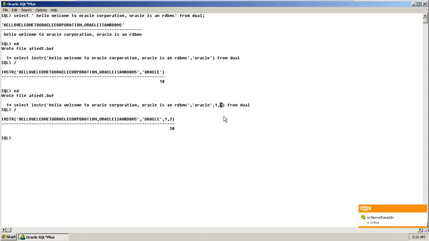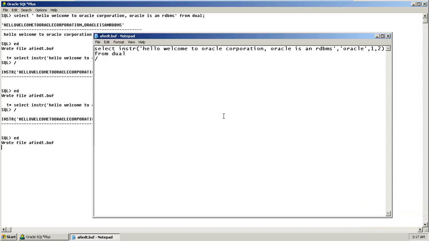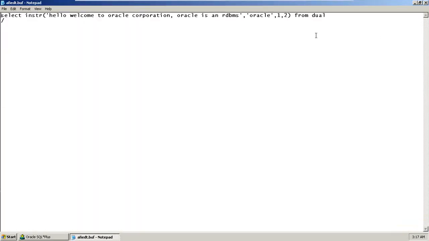Similarly, we have one more function, that is SUBSTR, the substring function. So here, this is my source string. Here I want to use the function SUBSTR.